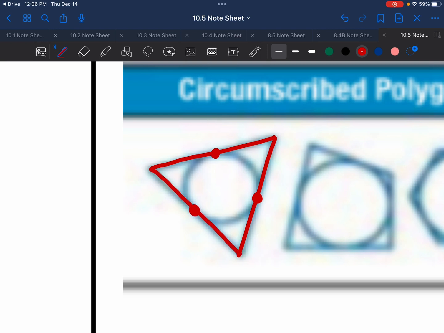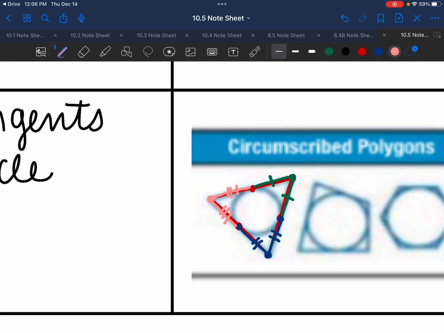And then if we use the common tangents theorem, this segment and this segment are tangent, so these segments are congruent because they share an endpoint. These two segments share an endpoint on the outside, and they're tangent, so these are congruent. These segments share an endpoint, and they're tangent, so these are congruent to each other. And you're able to kind of figure some things out using that.